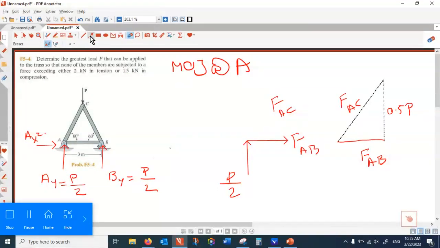So that is why I put FAC in compression. And because of that roller, B tends to go toward the right. That makes AB under tension. So I know that FAC is compressive, and this one is tensile. So compressive, compressive, tensile.